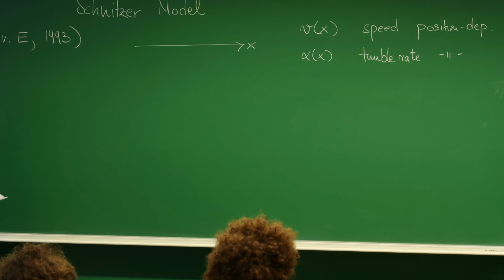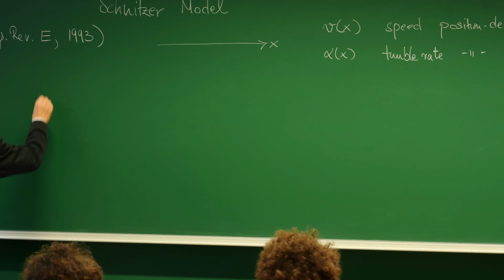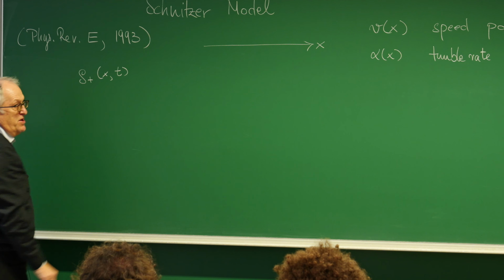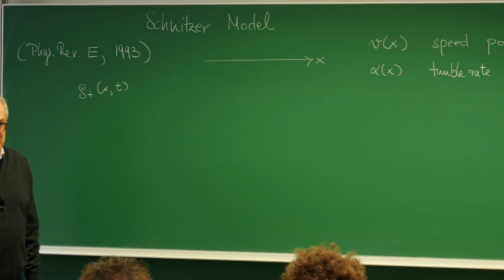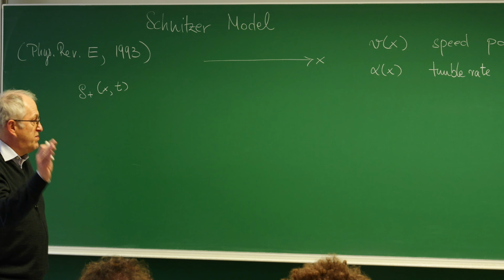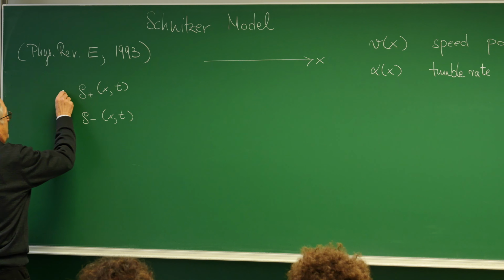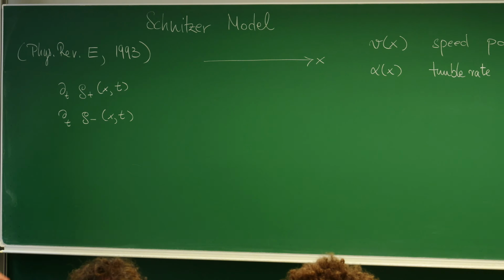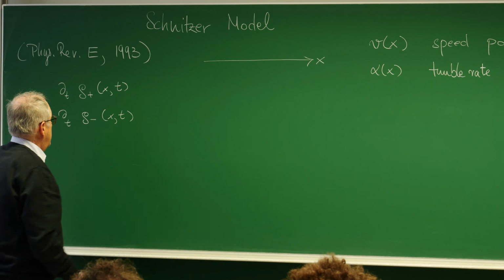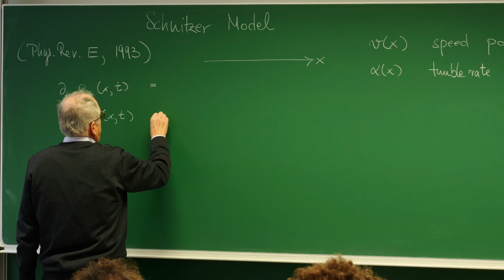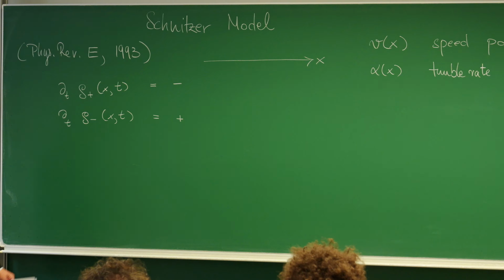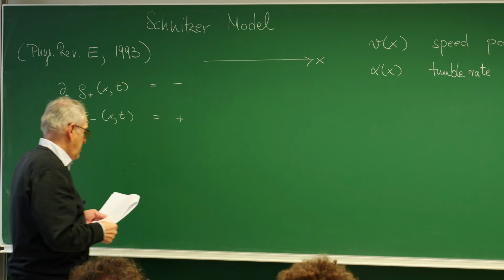The equations we would like to formulate are for two densities. So imagine you have a bunch of particles described by a density rho plus that moves in the plus direction, and another set of particles, rho minus, moving in the minus direction, and you would like to know the equation of motion for both of them. Then, as we had before, there is a drift term, and there is a term that switches between the different directions.